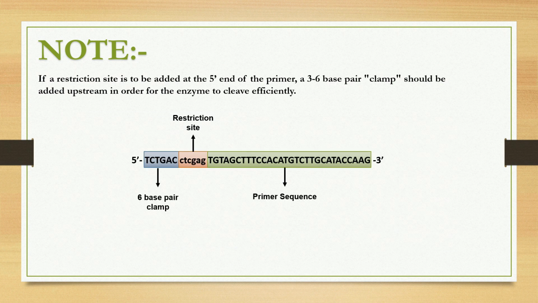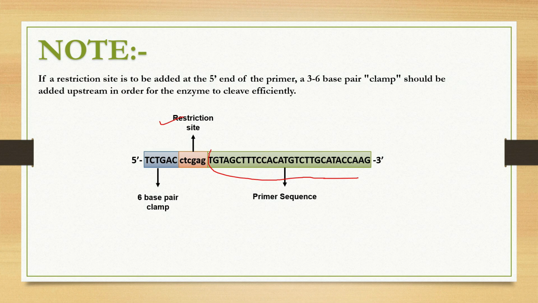Then, if you are preparing the primer for cloning purposes, in such cases we add a restriction site upstream of the primers at the 5' end. So suppose this is the primer sequence you have prepared. Now you have a cloning site, like suppose this is the site of Zoo.